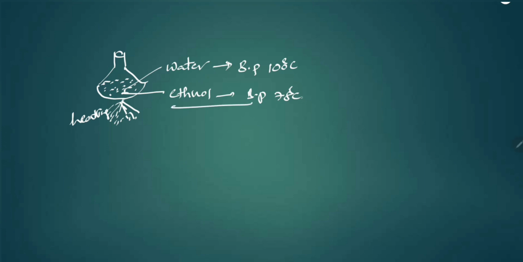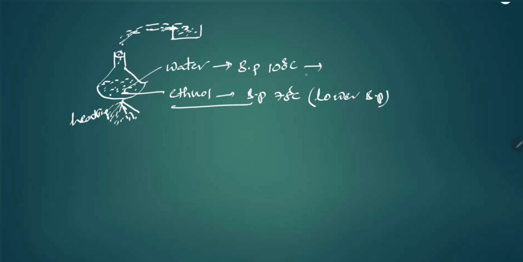Ethanol has the lower boiling point. The lower boiling point compound becomes vapors, then we collect it and convert the vapors back to liquid. We can separate the ethanol.